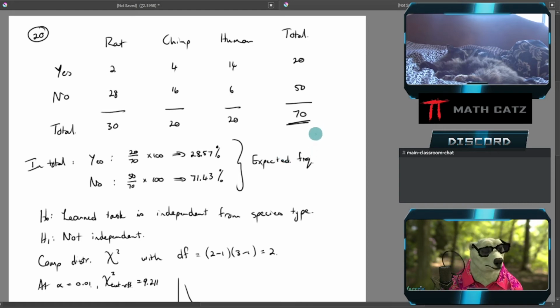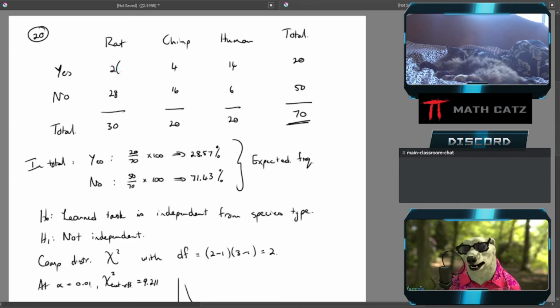So we have to see, well, okay, according to these frequencies, what do we expect for the number of rats under the null hypothesis that it doesn't matter which species you're in, it's going to be these percentages or very close. What do I expect? Well, I expect 28.57% of the 30 to be in the yes row.